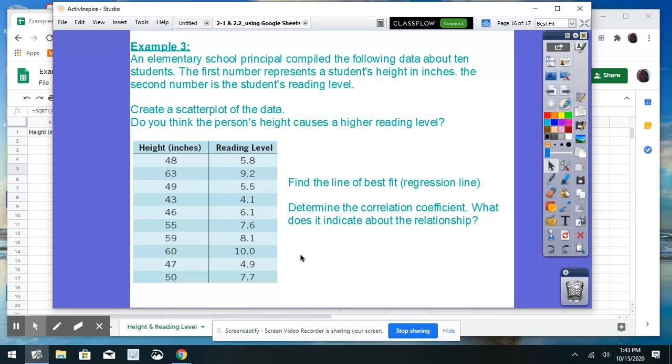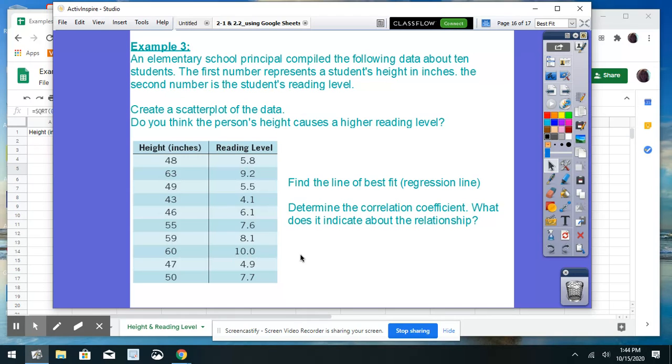So when you think about reading, short people are still learning to read because they're little kids. And as you get taller, you are more able to read because you learn the alphabet and then you learn basic words and so on and so forth. So this might not be the best correlation or the best two variables to look at here.